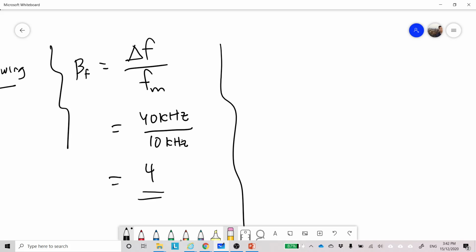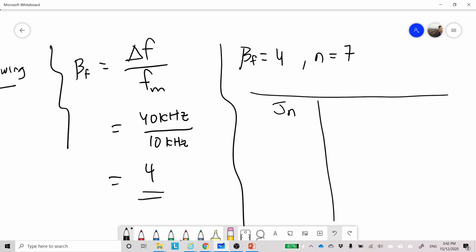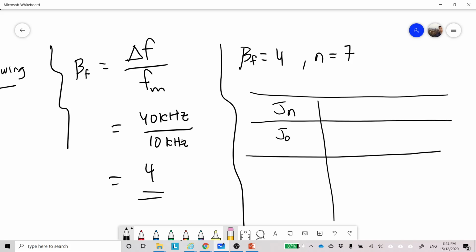So if beta F is equal to 4, you're gonna get n equal to 7. Macam tadi kita boleh buat table terlebih dahulu. Apakah nilai Jn? So Jn kita ada J0, J1, J2 dan seterusnya.